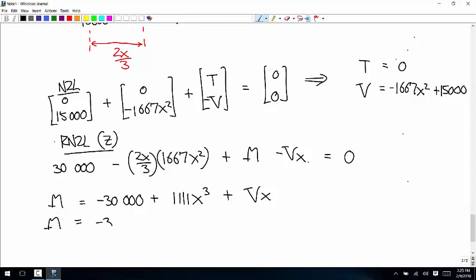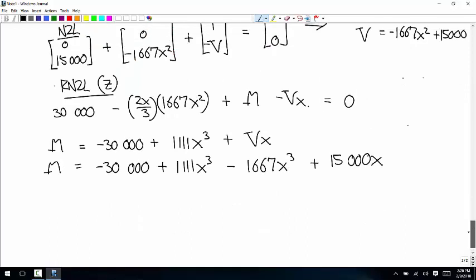So we get negative 30,000 plus 1111x³ minus 1667x³, because we're multiplying v times x, plus 15,000x. And we can group the two x cubed.